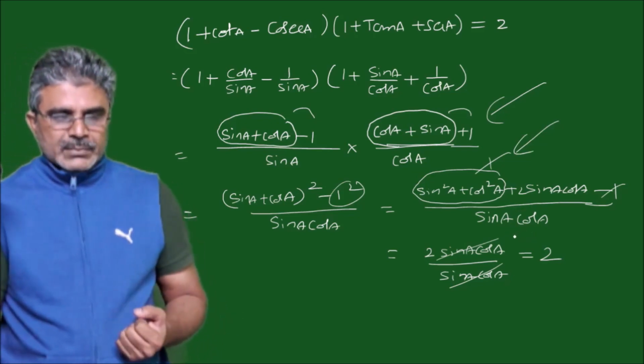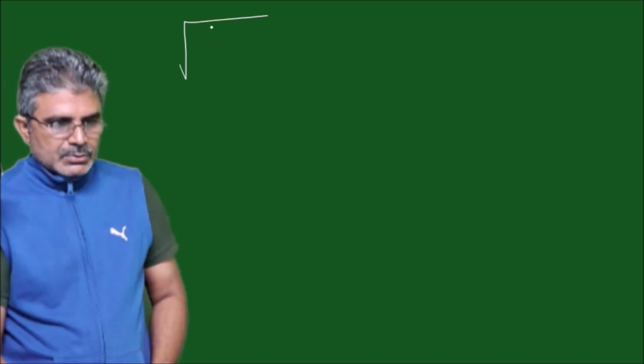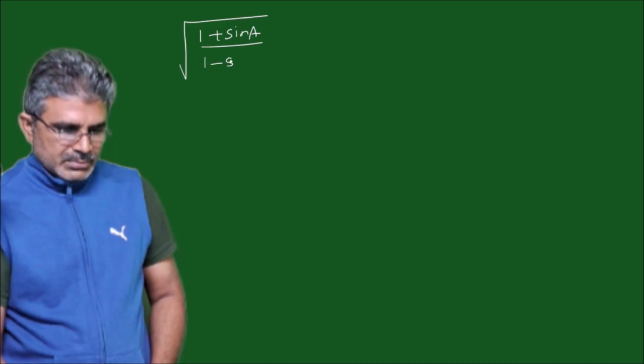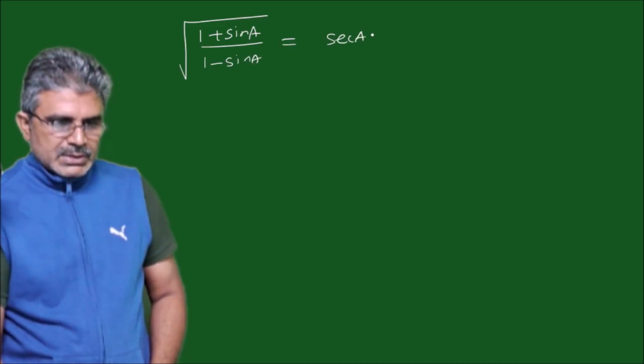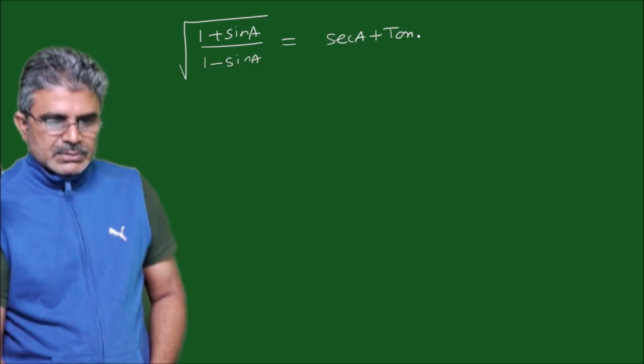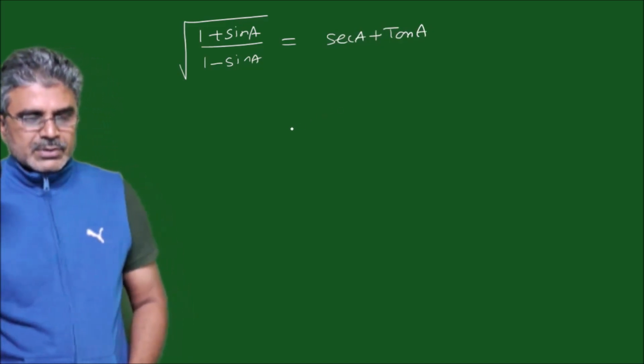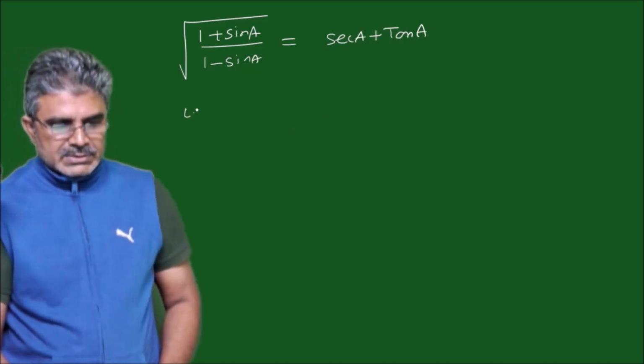Our next question is square root of 1 plus sin A divided by 1 minus sin A is equal to secant A plus tan A. That is what we need to prove. Take LHS.